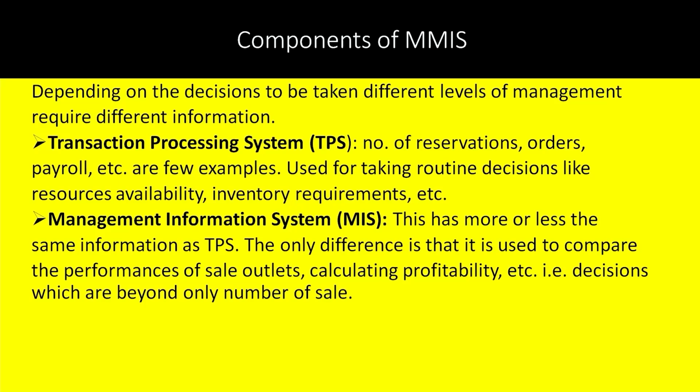There are different levels of management, and every level of management takes a particular kind of decision. So, based on the type of decision which these different levels take, a different kind of information is required. So, these 4 subsystems provide these different categories of information to different levels of management.